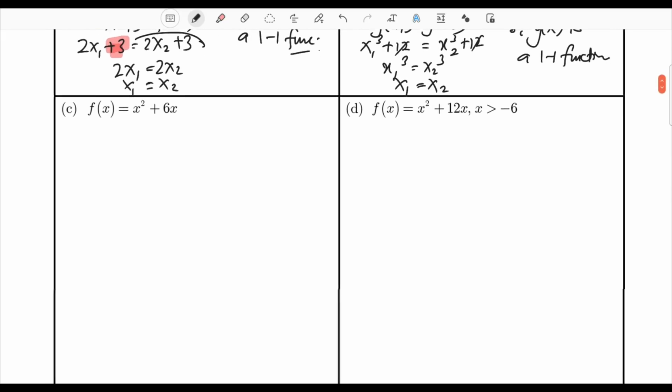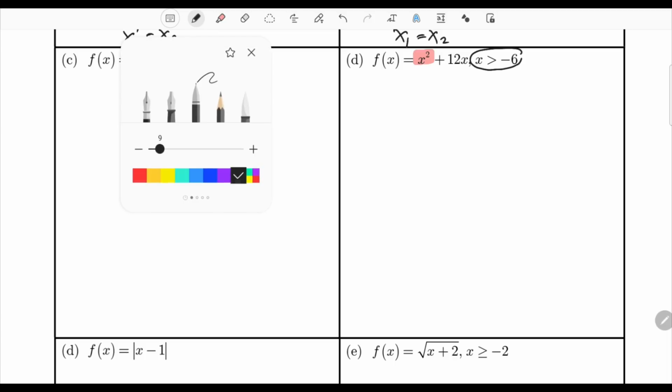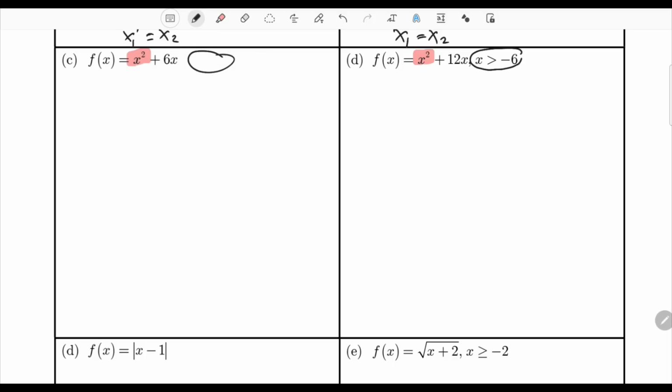Right, look at C and D. If you notice, both are quadratic functions. The difference is here nothing, here you have x greater than -6. First things first, we need to do completing the square. The fastest way is bracket squared minus bracket squared.